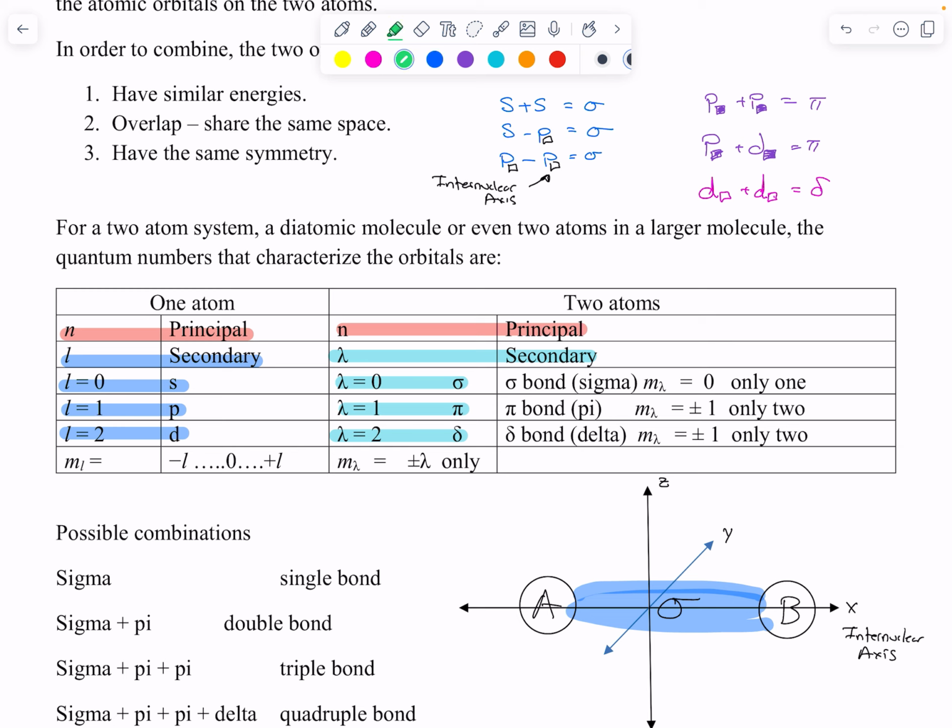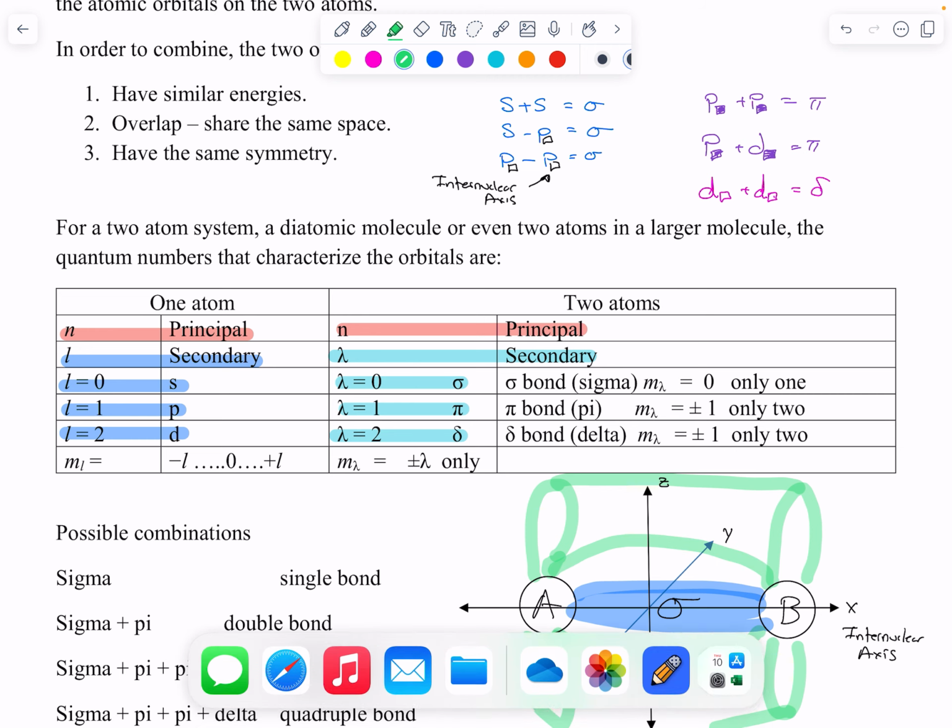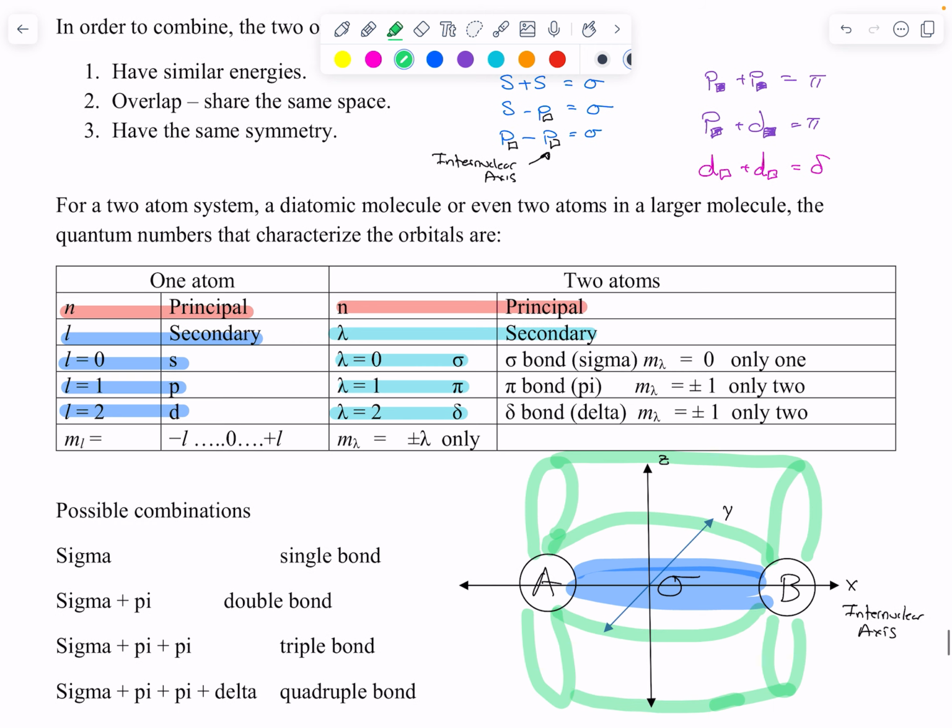So we could have a vertical p orbital and a vertical p orbital, right? And what happens is they make a new arrangement around the sigma bond. And so this down here and the mirror image up top, where I'm coloring in, is where the overlap is.